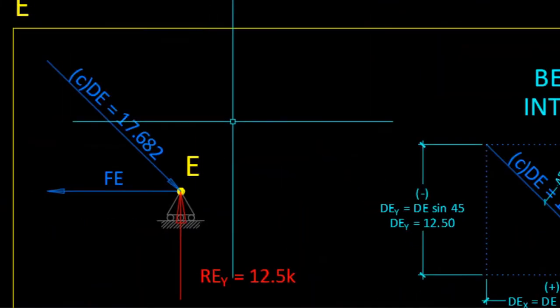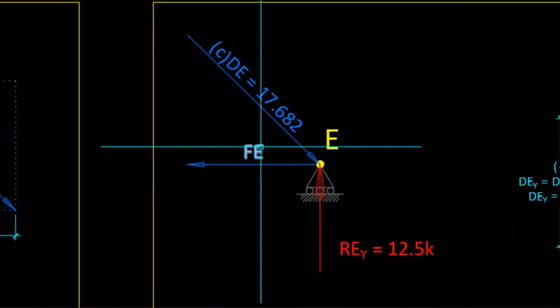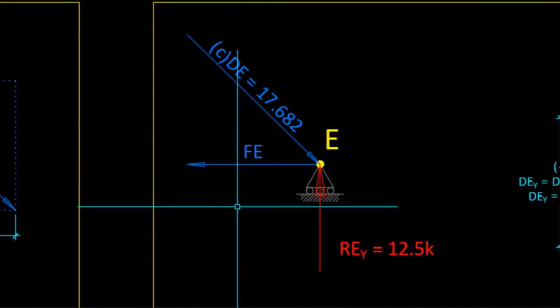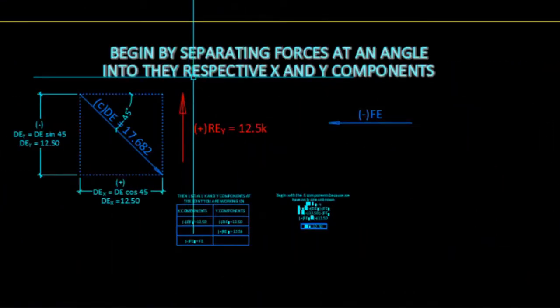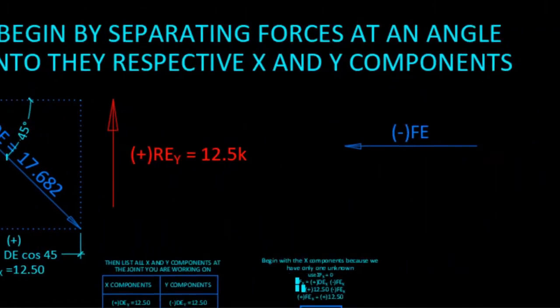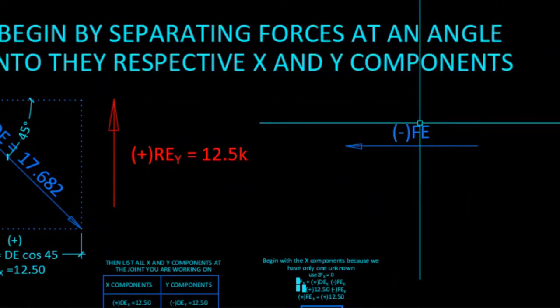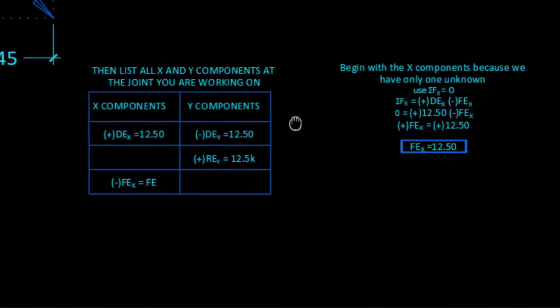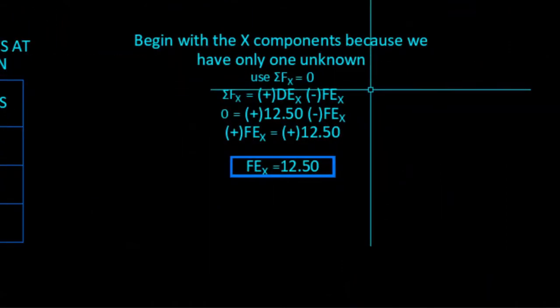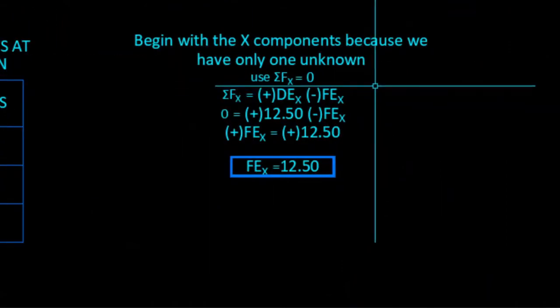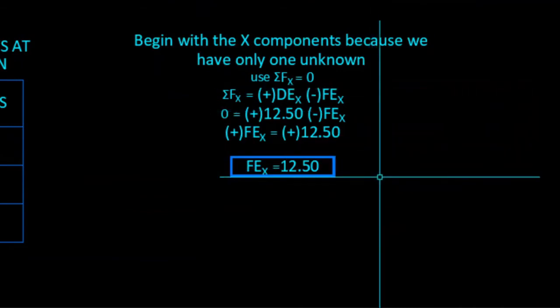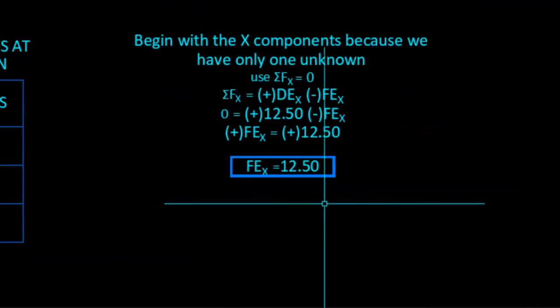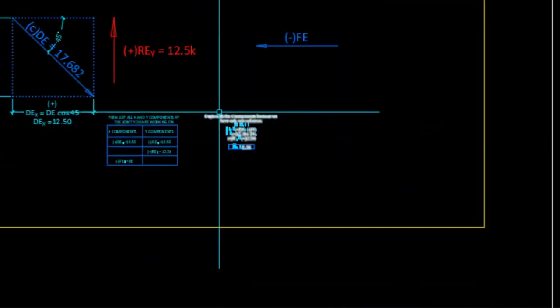We move on to the last point where we have any unknowns, and find that our last unknown is FE. Once again, we begin by separating the forces into their respective x and y components. We can list our forces and find that by using the sum of forces in the x direction, FEx is equal to 12.50.